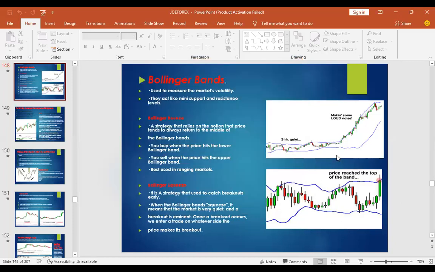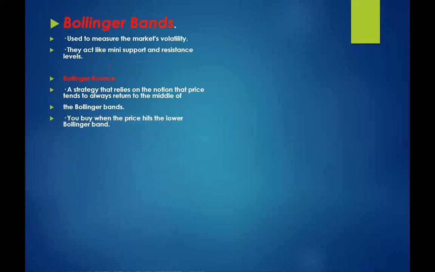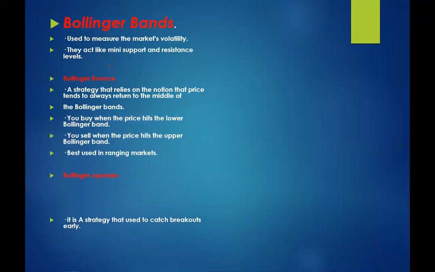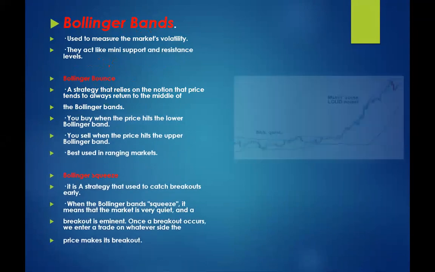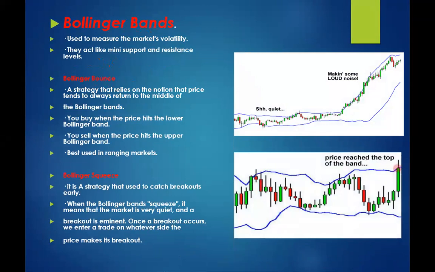So we are here at the slide, and our topic is on Bollinger Band, what it is and how we can use it to navigate the market in our favor. Now, you know, there are so many ways you can be a friend to the trend. And that is why we are introducing so many ways you can easily know the direction of the market.